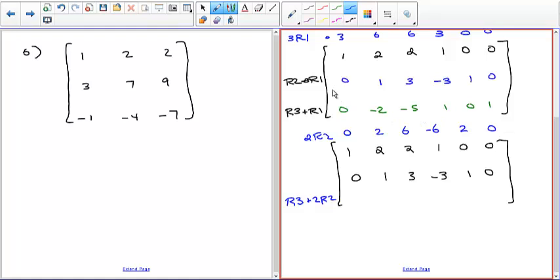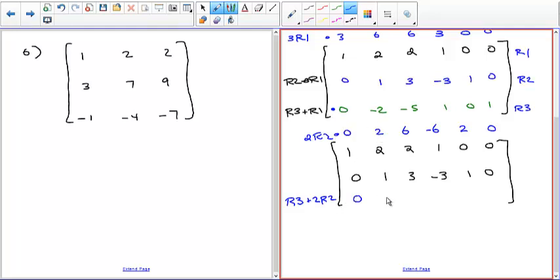So we're going to take row 3. This is the new row 3. This is the new row 2. This is the old and new row 1. So we're going to take row 3 and add it to 2 times row 1. So you get 0 plus 0 is 0.